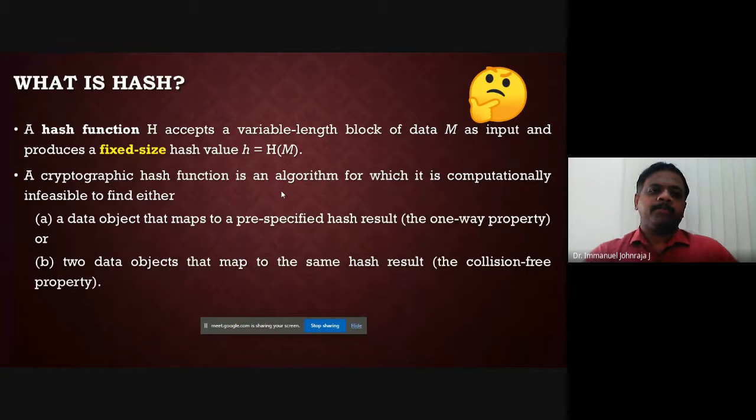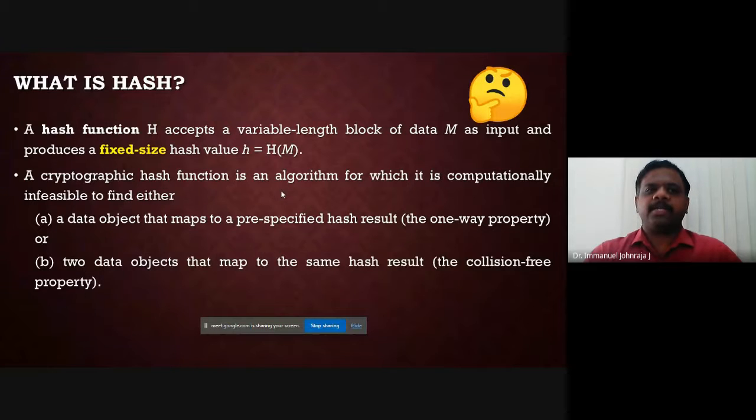Right. So before getting into that, we should know what is a hash. I have copied a few lines from our textbook that will really help us to know about this. I'll read for you. A hash function, H. H stands for hash, so we can easily understand. It accepts a variable length block of data, which is generally called M, because M stands for message, as input, and produces a fixed size hash value, denoted by small h.